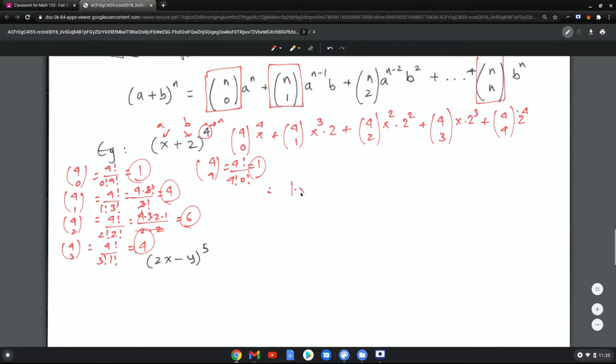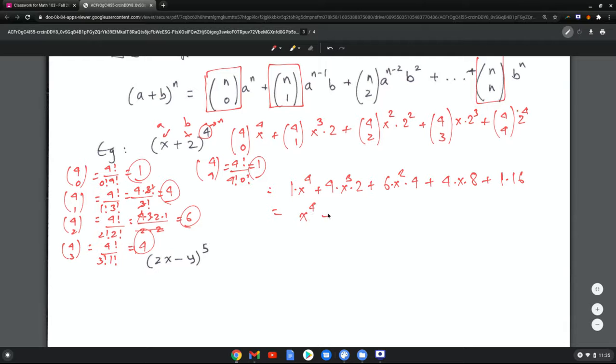So I have 1 x to the 4 plus 4 x cubed times 2 plus 6 x squared times 4 plus 4 x times 8 plus 1 times 16.